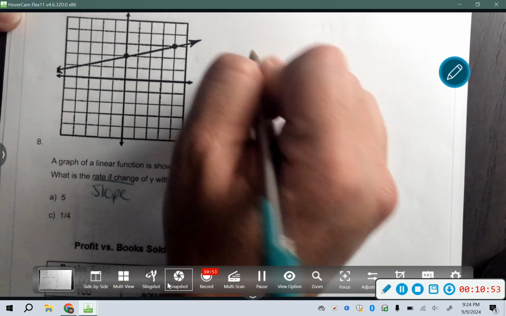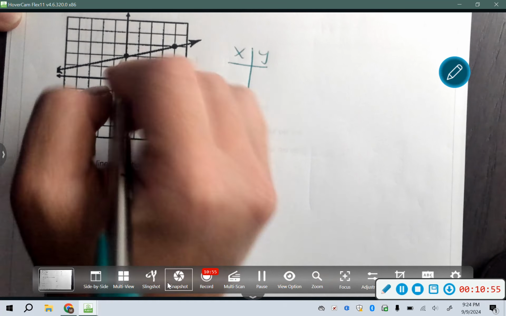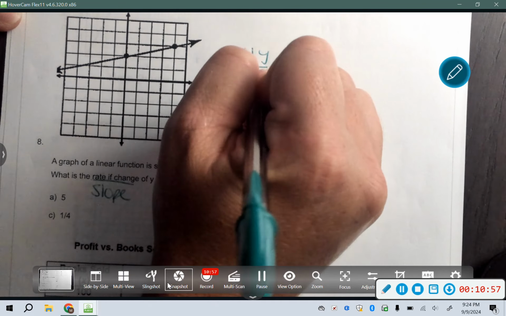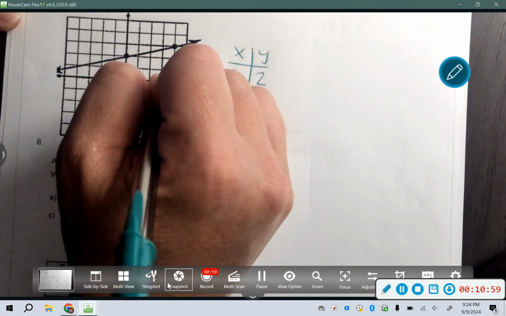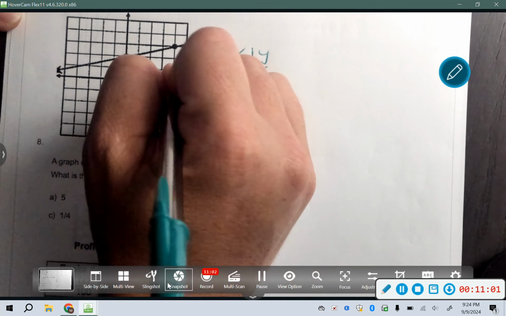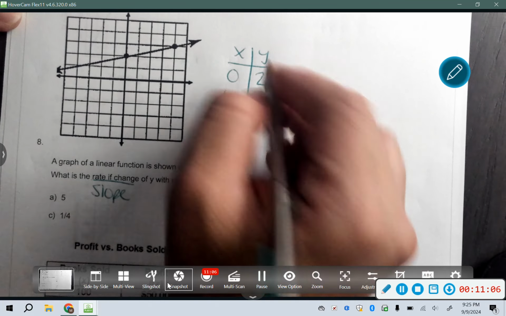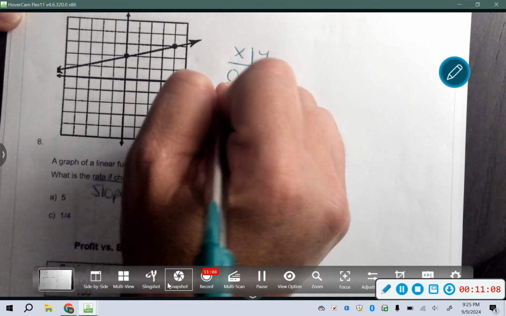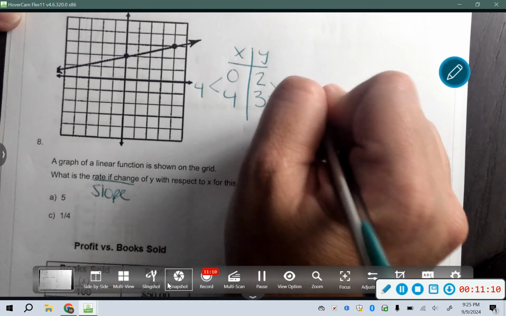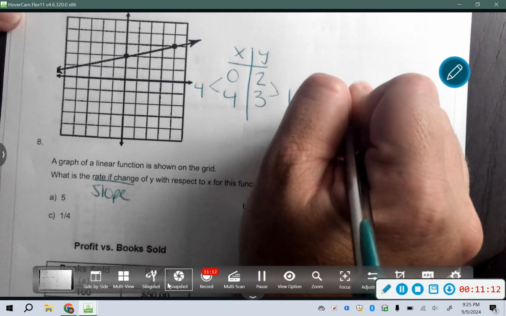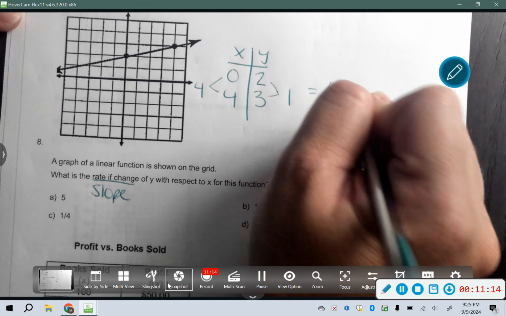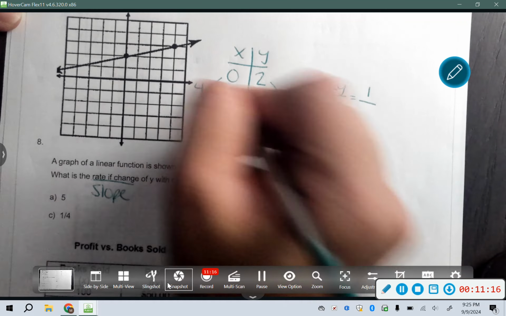So there's two ways to do this. We could build a table. And I know this point is 0, 2. And this point is 1, 2, 3, 4, up 1, 2, 3. So I can do top minus bottom. 3 minus 2 is 1. 4 minus 0 is 4. And I do change in y over change in x, change in y is 1 over 4.